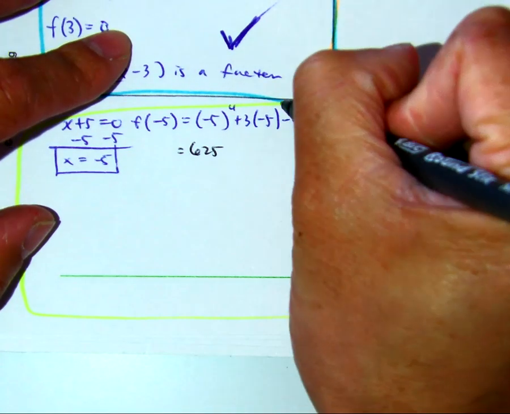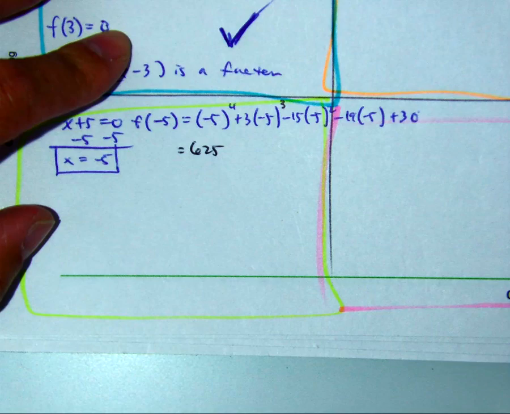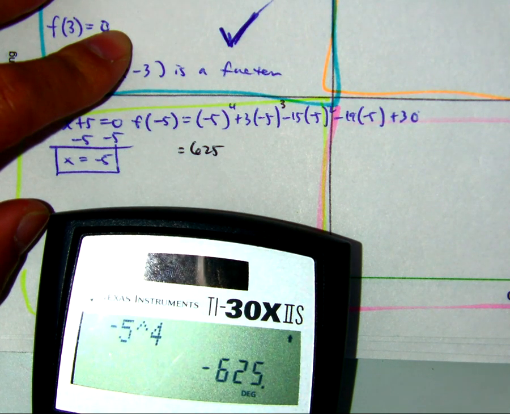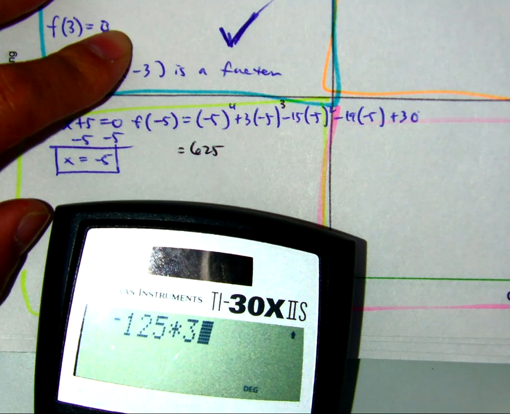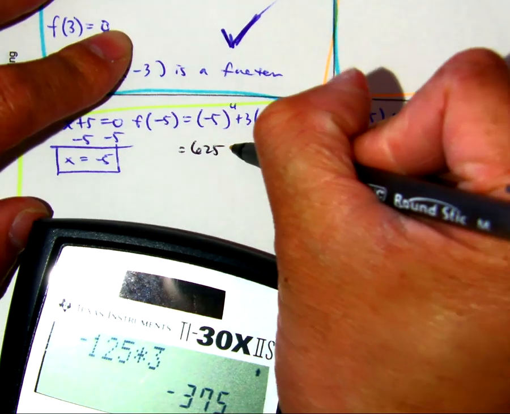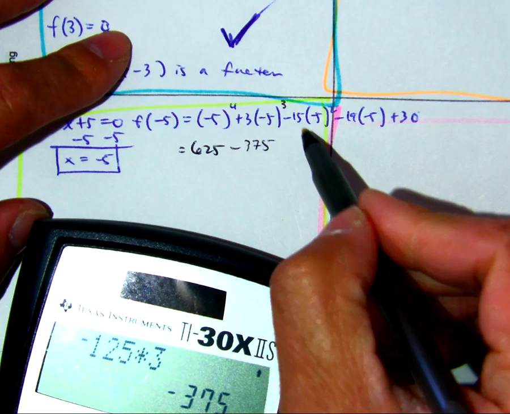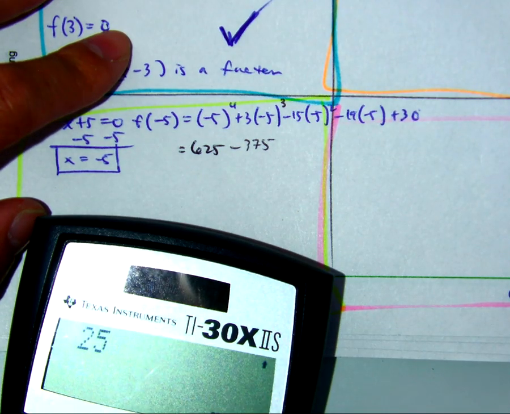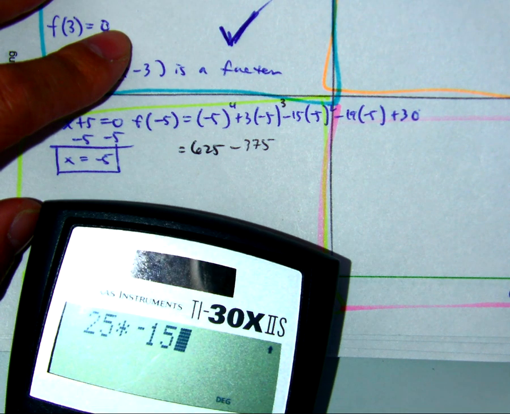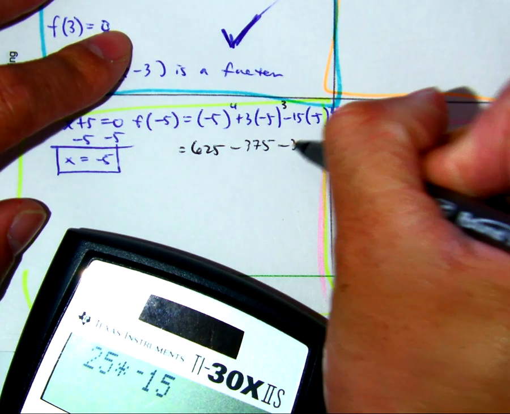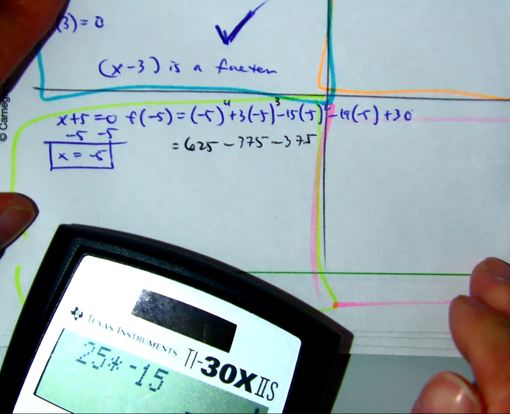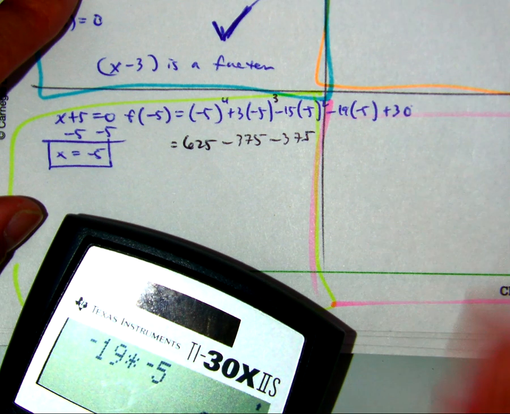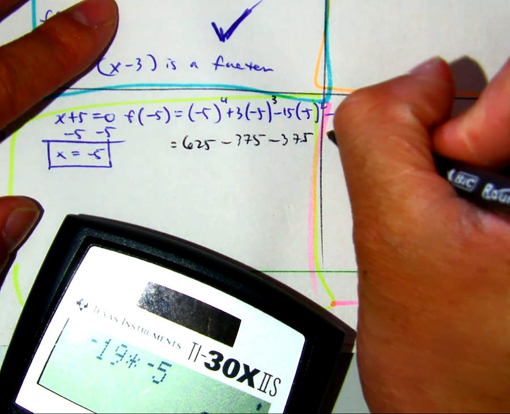I'm missing a power of 3 there. So negative 5 to the 3rd power, negative 125, negative 125 times 3, negative 375. 25 times negative 15, negative 375, negative 19 times negative 5, that gives me 95, and 30.